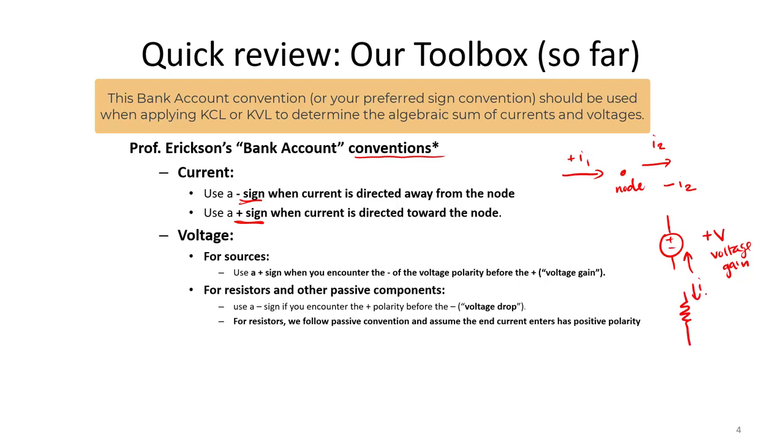Meanwhile, if I have current entering my resistor and I'm moving across my resistor, I will treat that as a voltage drop across my resistor. So once again, the important thing here is to make sure you stay consistent with the conventions you use.